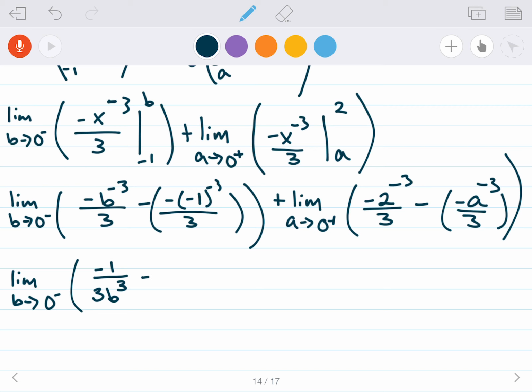Minus, and then negative 1 to the negative 3 is just negative 1 over 3, and then negative 1 to the 3, like that. Negative 1 to the third is negative 1. Negative 1 over 3 times negative 1 is just a positive 1/3. So this is just going to be a positive 1/3. That's nice.